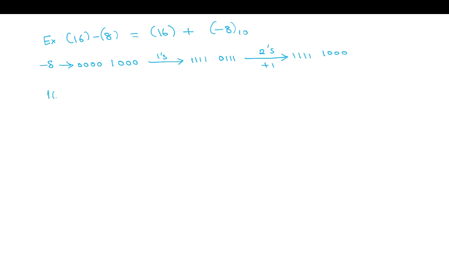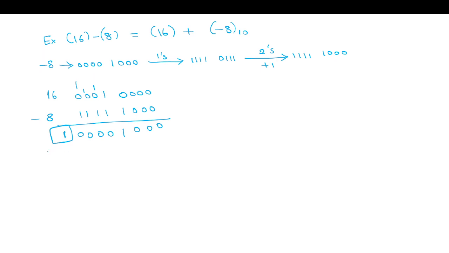The next 16, which is 1 0 0 0 0, and minus 8, which is 1 1 1 1 1 0 0 0. The answer is 1 0 0 0 0 1. We have a carry 0.